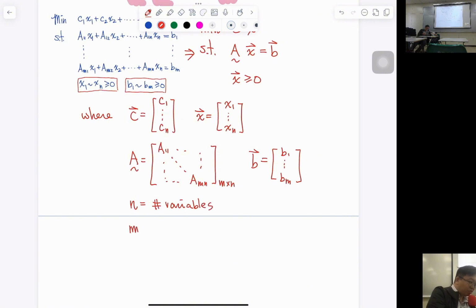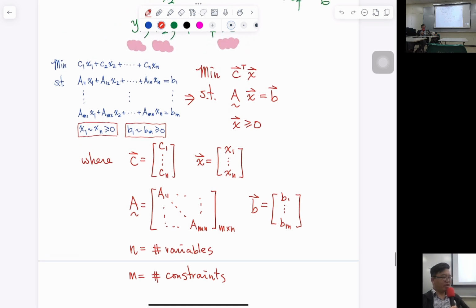M equals to the number of constraints. After, basically, you convert everything into this standard linearized form.